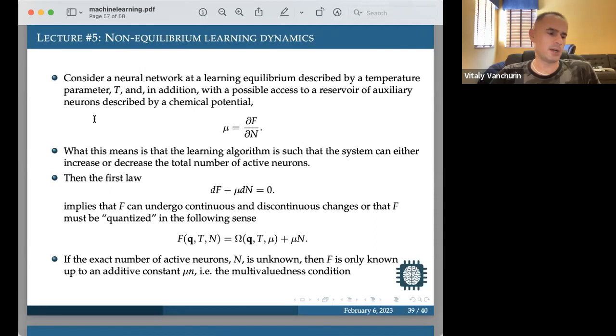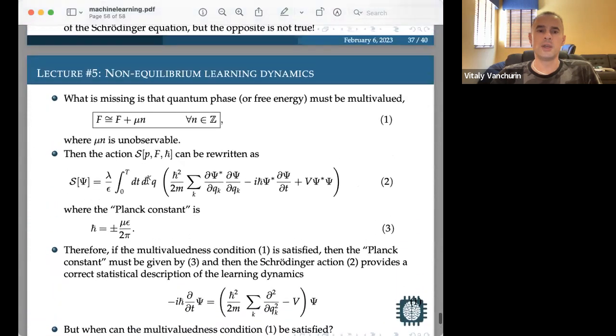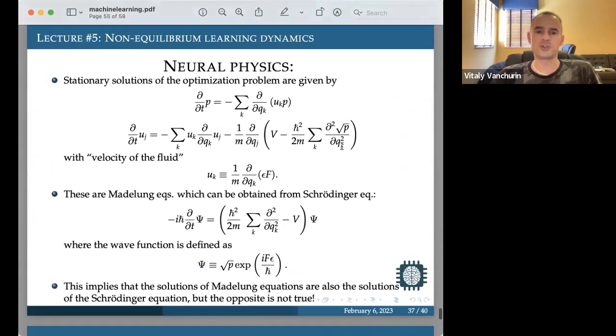There are lots of articles, unrelated to learning theory, where people are claiming that they see emergence of quantum mechanics, and I think the usual problem is that they wouldn't show a Schrodinger equation, they would show you Madelung equations, and that's not quantum mechanics.